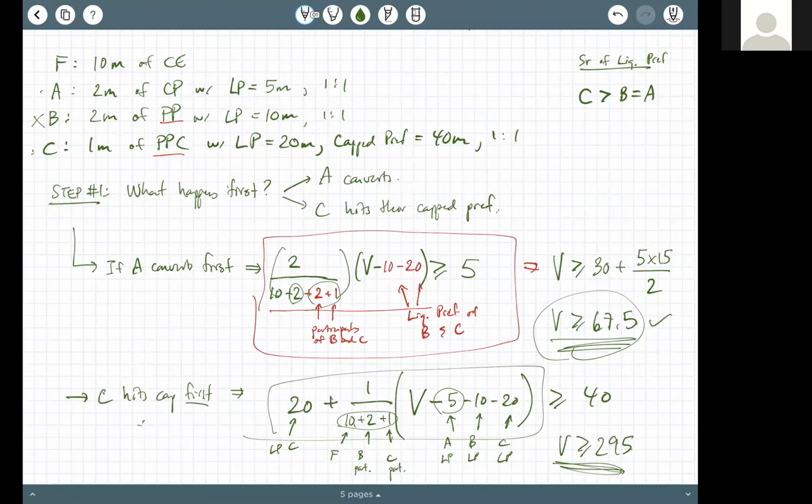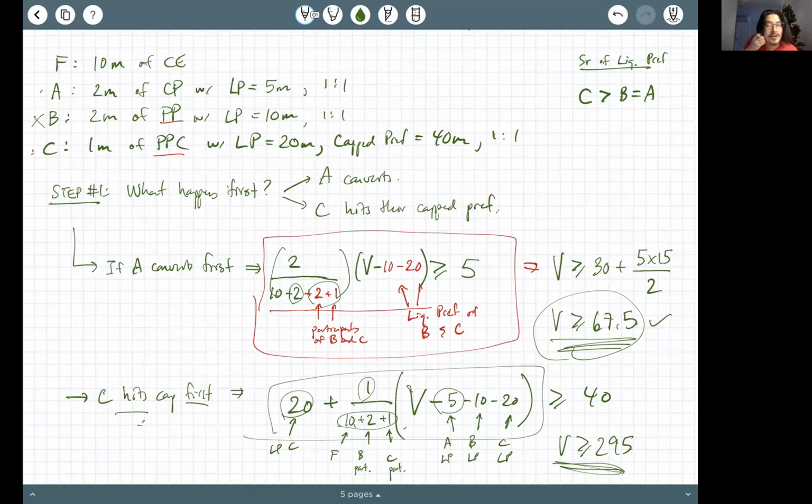So if C hits their cap, just before hitting their cap, they were getting 20 plus 1 million shares, right? Now here, we're assuming no one has converted yet. So if no one has converted, common equity owns a piece of what pie?